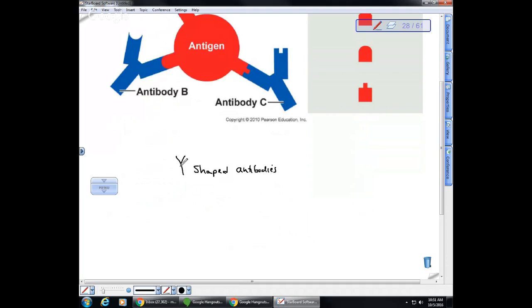It stays the same in all antibodies. Then it is the ends of the Y molecule that have particular receptors. So I'm going to say that this is the antigen receptor, and it is variable.